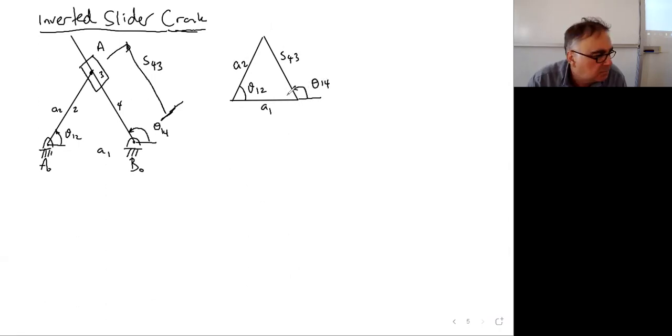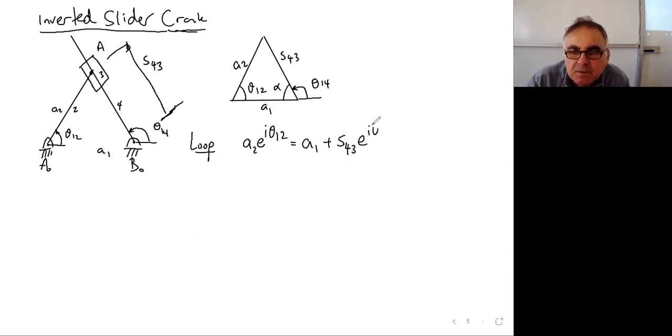Theta 1,4. Let's call this angle alpha, doesn't matter really. S43 is a variable, as we know. So the loop equation is what? A0A is equal to A0B0 plus B0A, let's say. So A2 e to the I theta 1,2 is equal to A1 plus S43 e to the I theta 1,4. This is the position equation.